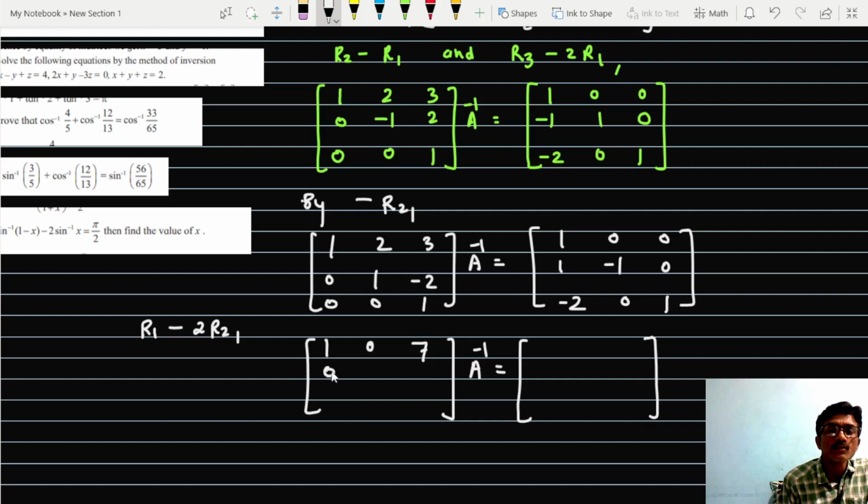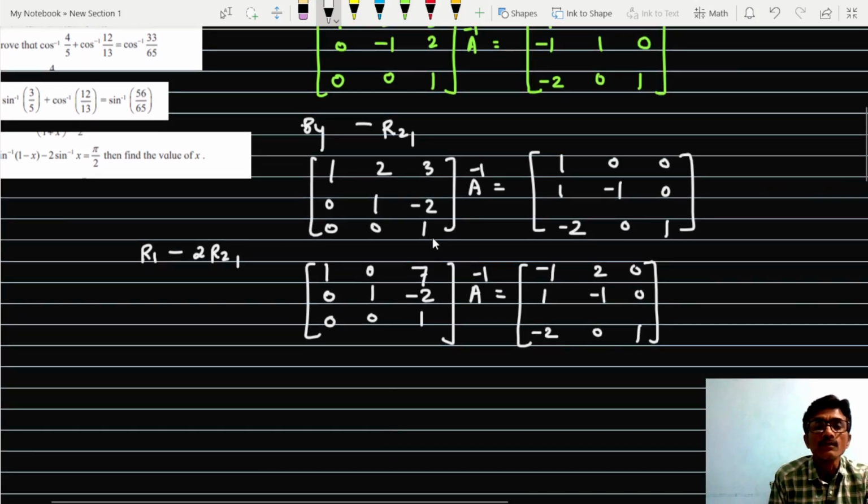Here 0 1 -2, because there is no change in the second row. 0 0 1, no change in the third row either. What is the change in the first row? 2 times of R2 we are subtracting, so this gives us -1, this will be 2 and this 1 -2, so it is +2 and this is 0. 1 -1 0, -2 0 1.